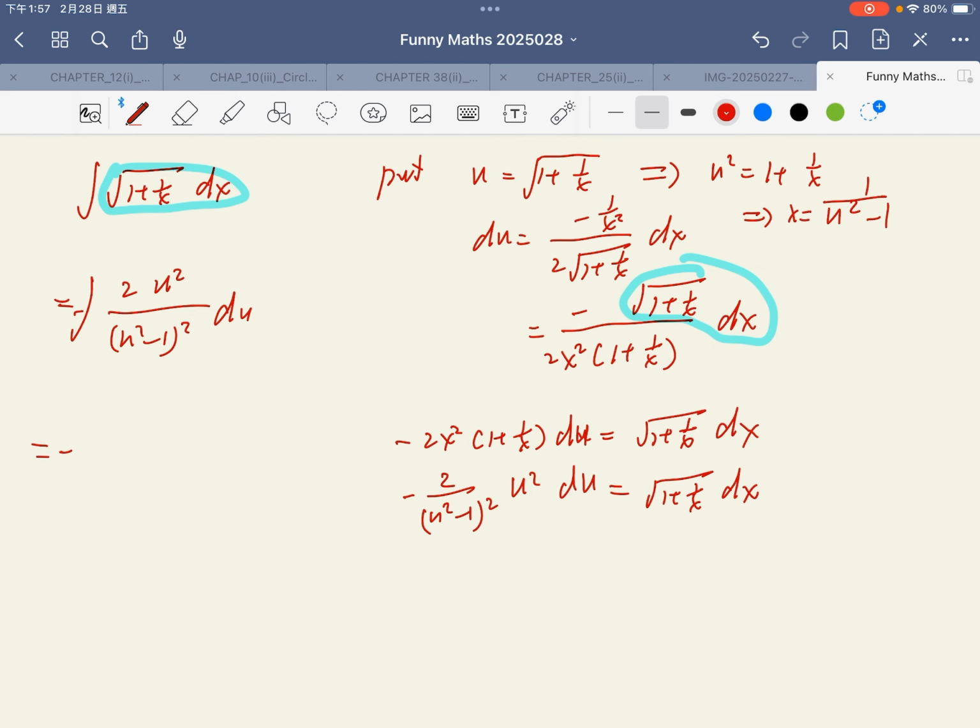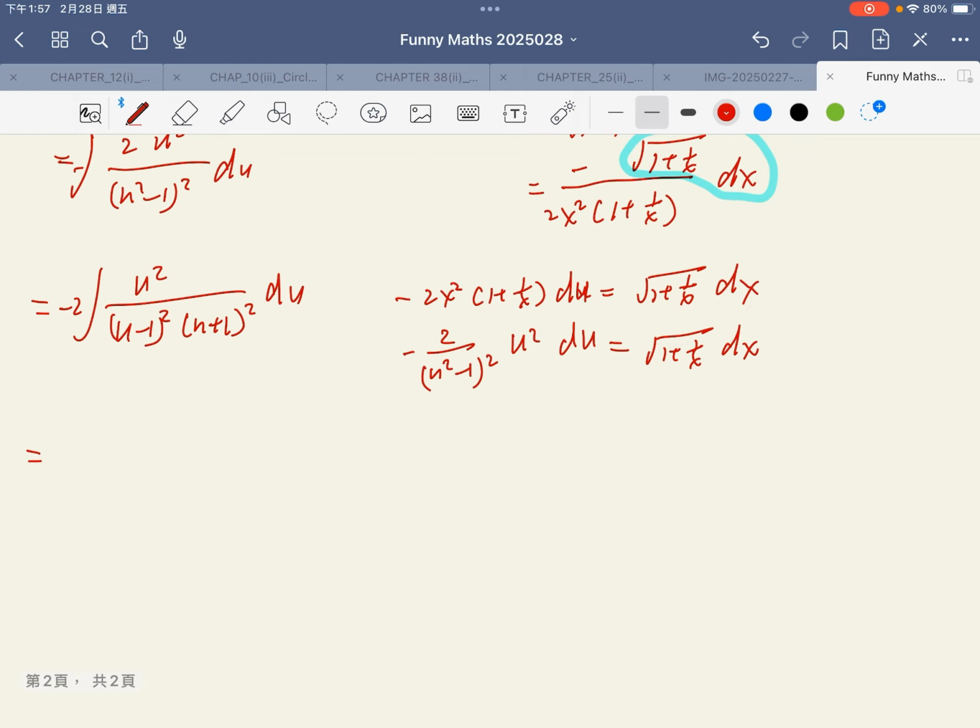By the next step, I factorize the denominator here, and then I have used the partial fraction law 3. I think people will not know what the partial fraction law 3 is.